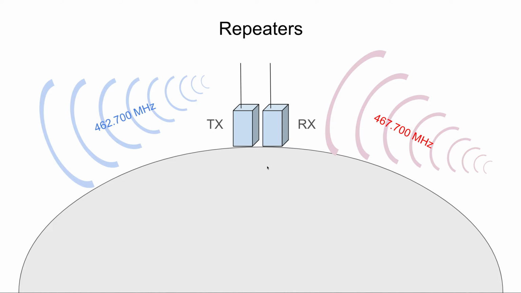In other words, it's a plus 5 megahertz offset. So, for example, hypothetically, if it was 462.700 and 456.700, then that would be a negative 6 megahertz offset. You get it?